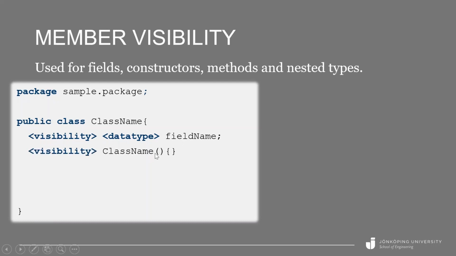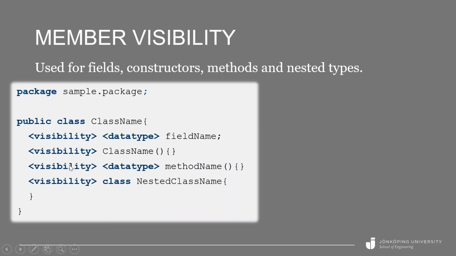And for a constructor, you add a constructor like this, so a method with the same name as the class, and you add the visibility before the method name. And for methods, you have the name of the method, the data type the method returns, and the visibility. And as an example of a nested inner class, you write the name of the inner class here with the class keyword, and then the visibility here.